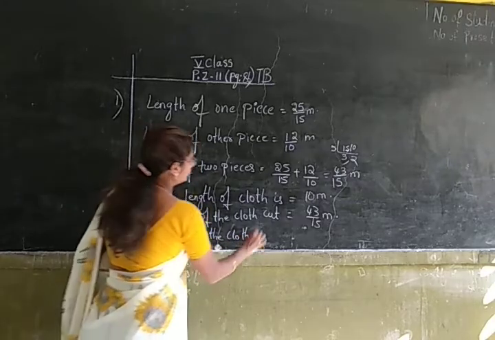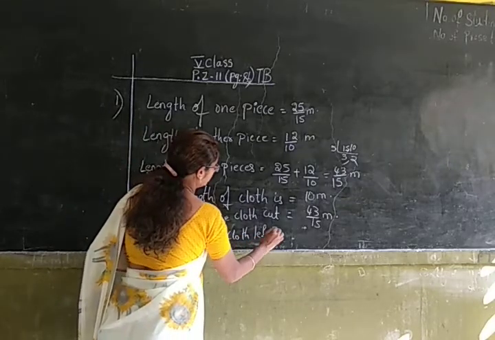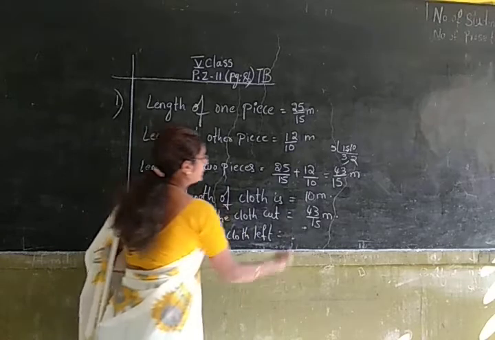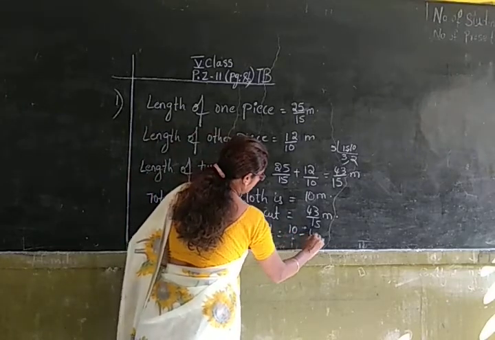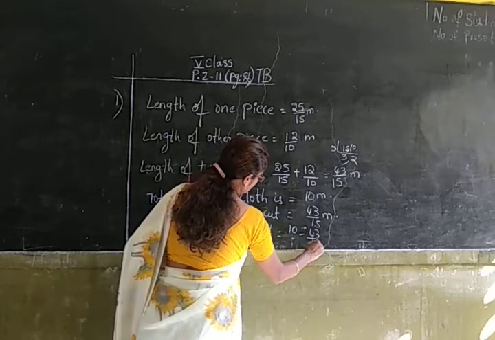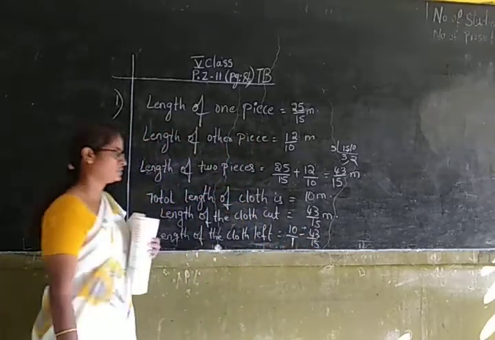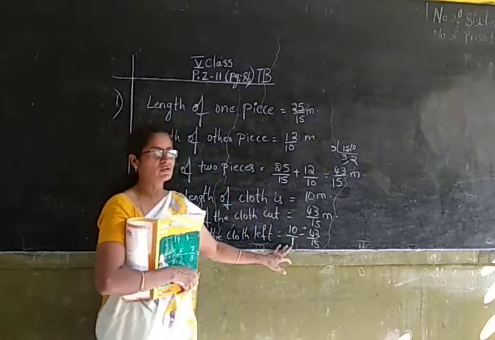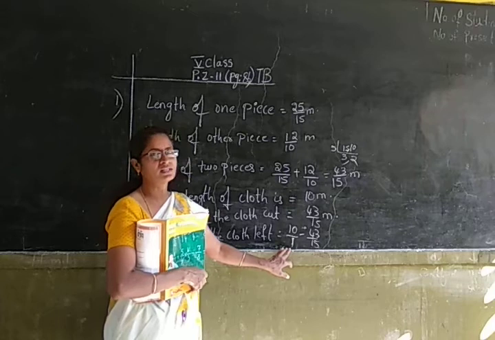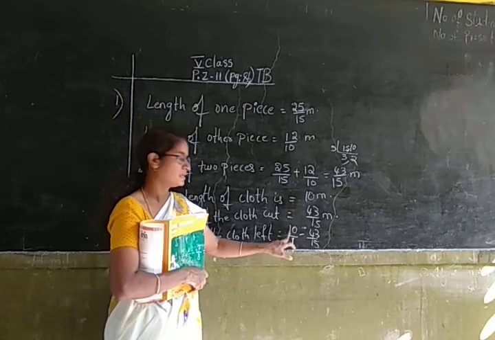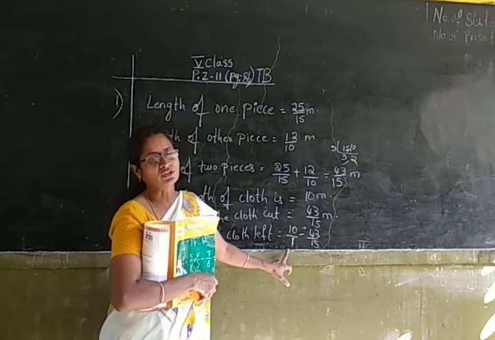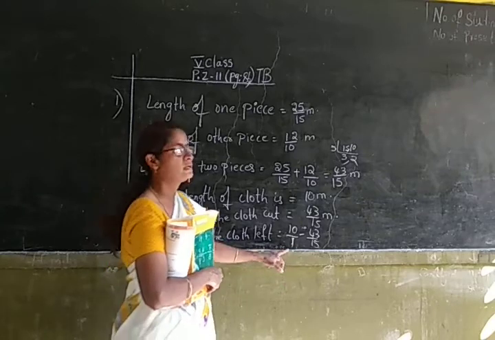The length of the cloth left is equal to 10 minus 43 by 15. Now we have to assume that there is 1 in the denominator. Here in the 10, we have to assume that the denominator is 1.